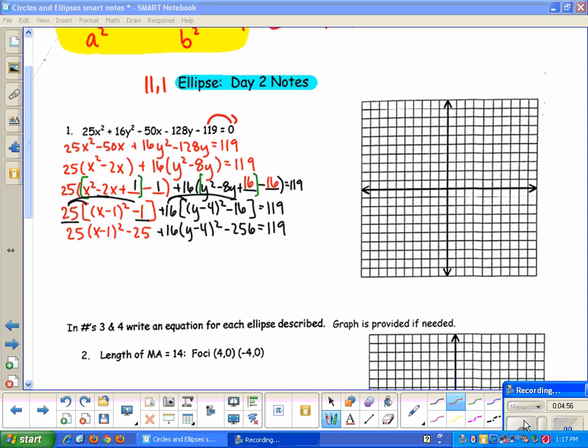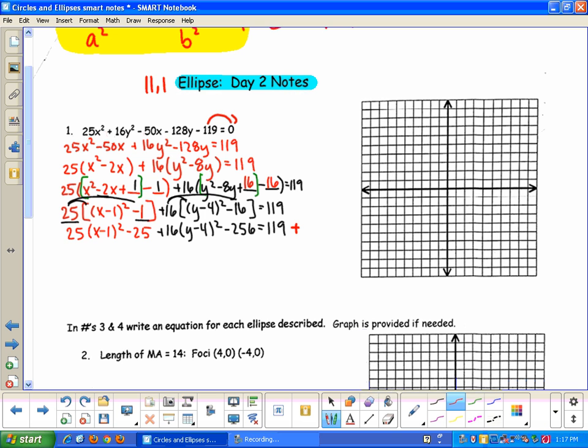And then now we want to get all the constants to the other side. So I'm going to add the 25 to the other side, so that gets rid of this. And then I'm going to add the 256 to the other side, and so that gets rid of the 256.